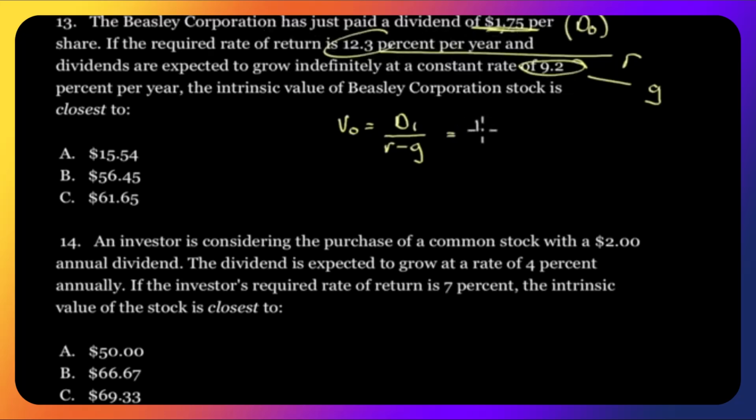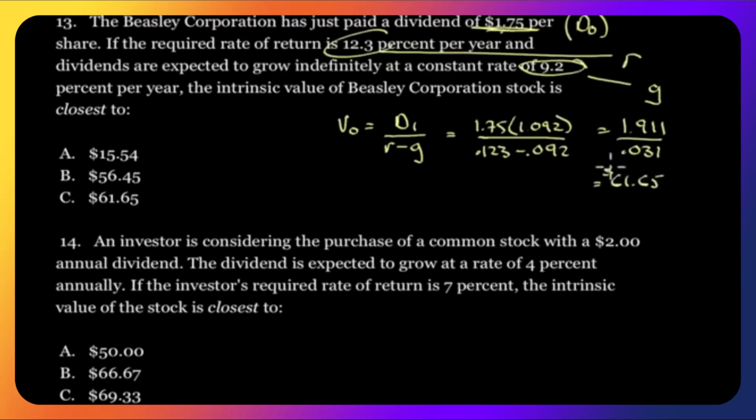Well, I have my dividend today of 1.75, but I have my G of 9.2, so I'll multiply that by 1.092 to get D1, divided by 0.123 minus 0.092, and that will give me 1.911 over 0.031, which will give me 61.65.